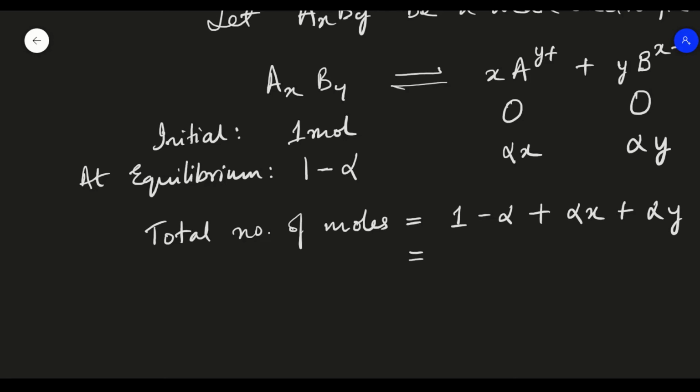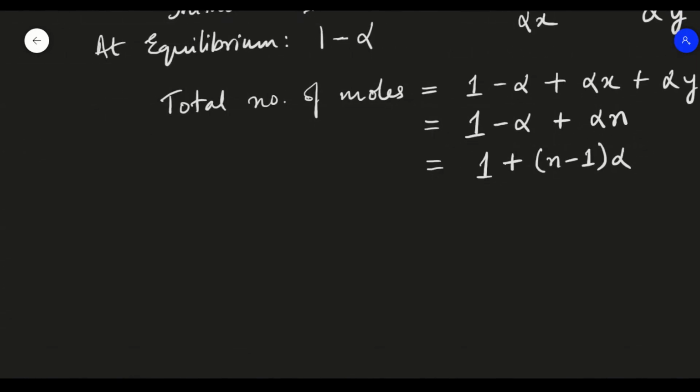Now let us consider that the total number of positive and negative ions is equal to N. So we can write this relation as 1 minus alpha plus alpha into N, which can be simplified further as 1 plus (N minus 1) into alpha. So this is the total number of moles of the solution after dissociation.